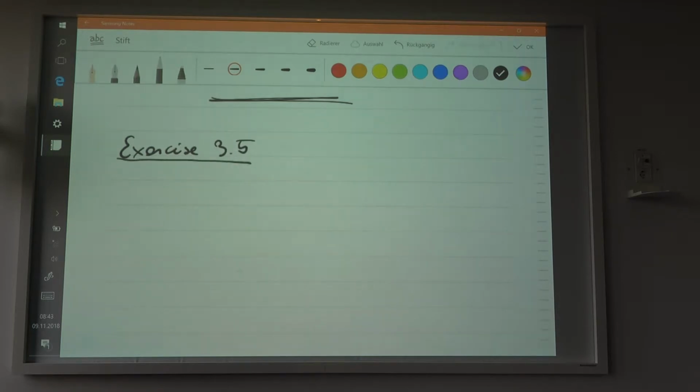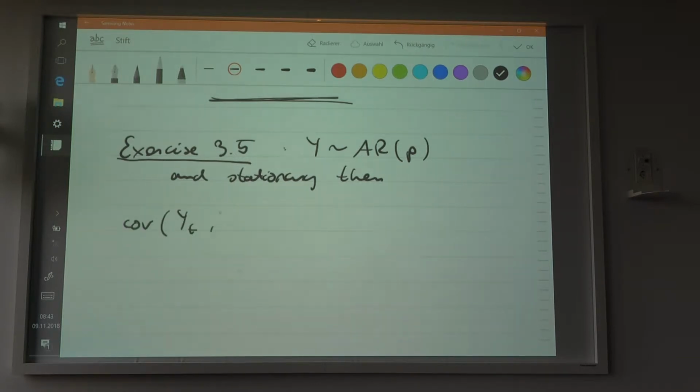we have that if, let's say, y is an autoregressive process of order p and stationary, then first off we have that the covariance of yt and yt plus h is going to be equal to a1 times the covariance of yt and yt plus h minus 1.